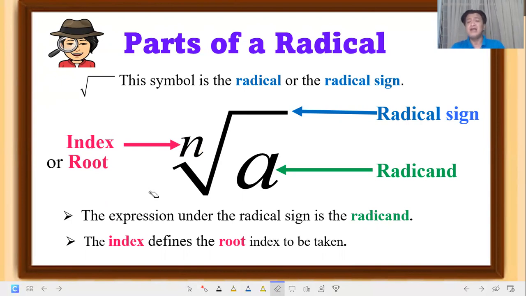Pang ilang root ba ang iyong kukunin? Kaya nga meron tayong square root, ibig sabihin ang index nun ay 2. Kapag cube root, 3 ang kanyang index. Kapag fourth root, 4 ang kanyang index, and so on and so forth. Doon malalaman kung pang ilang root ang kukunin mo using the index of this radical.